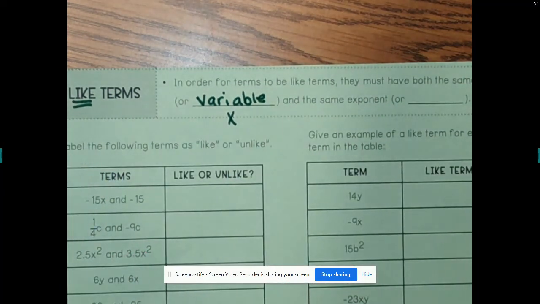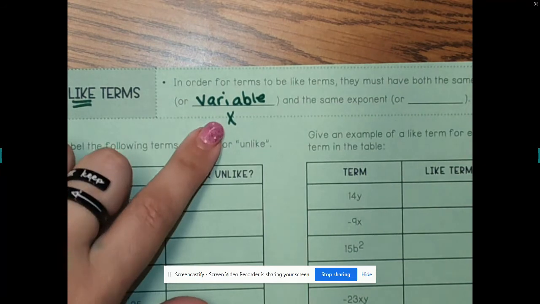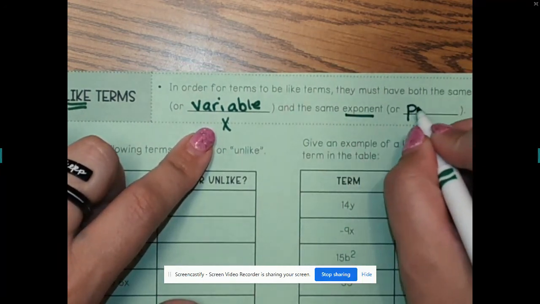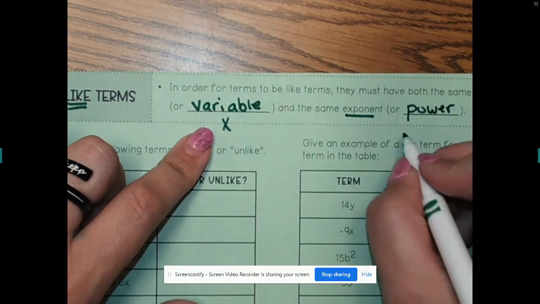It's the unknown. The X, the Y, the C, whatever it is. So for them to be the same, they either have to be plain numbers, numbers that have the same variable, or numbers that have the same exponent or power.